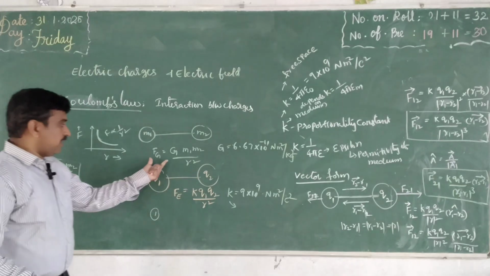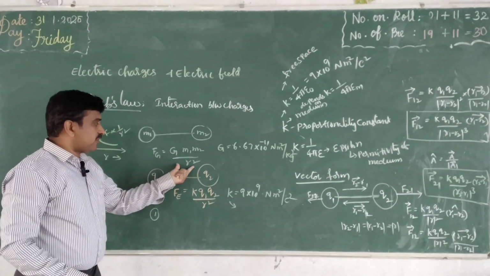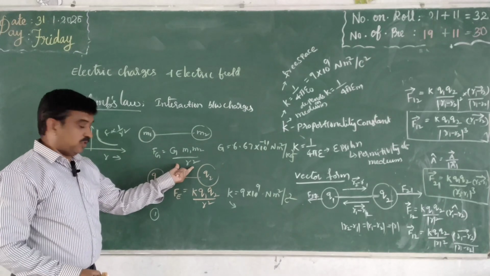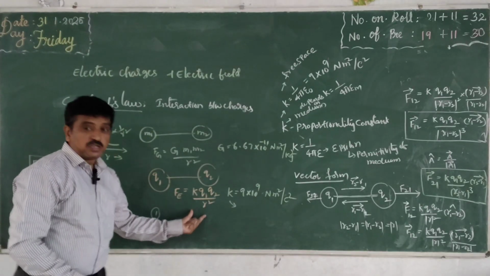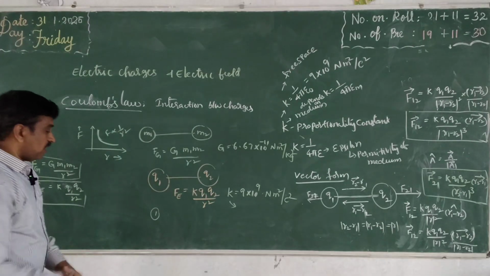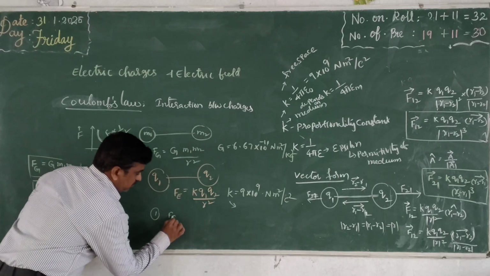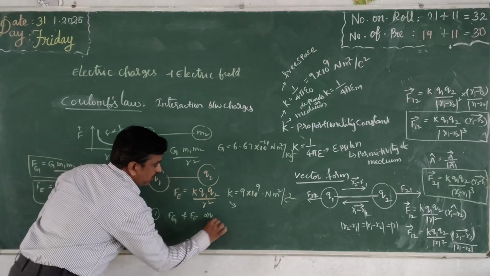The gravitational force between two point masses is inversely proportional to the square of the distance between them. The electrostatic force between two point charges is inversely proportional to the square of the distance between them. That's why we say gravitational force and electrostatic force both follow the inverse square law.